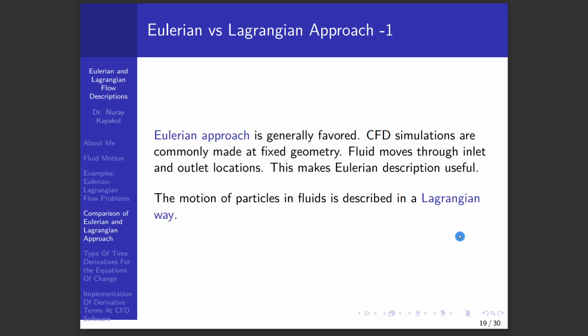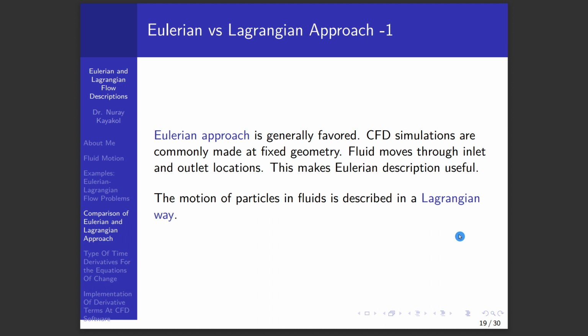Okay, this is another summary of how we compare the Eulerian and Lagrangian approaches in CFD simulations. We use the Eulerian approach: we just define an inlet and outlet, and fluid moves between those locations.